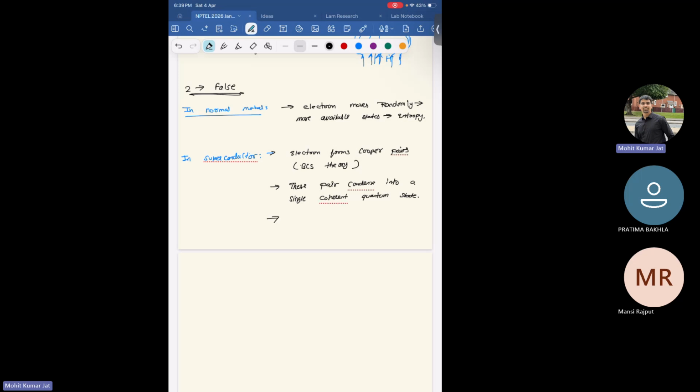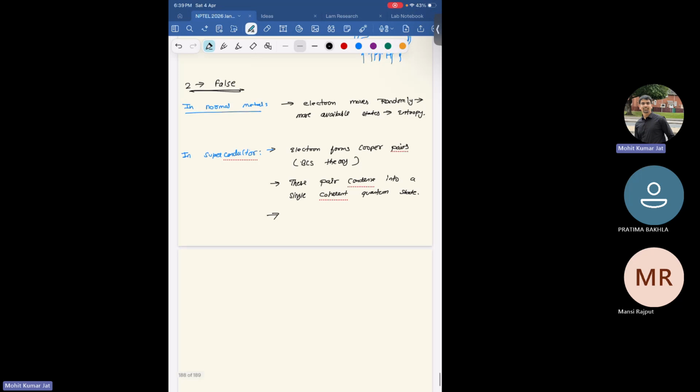What does it mean if there is a single coherent quantum state? That is less random compared to electrons moving randomly. It is a much more ordered state, and if it is a much more ordered state, then that means lower entropy.